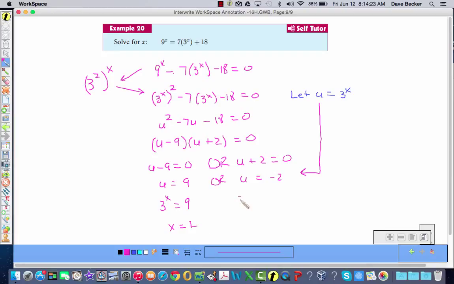And 3 to the x equal to negative 2 is not possible, as 3 to the x can't be negative. If you have a positive base, there's no way the result can be negative when raised to an exponent. So there's no solution there. Our only solution is x equals 2.